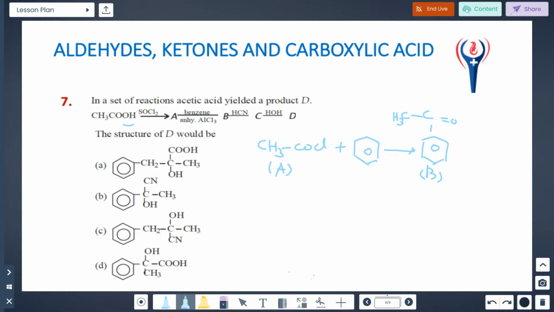Then again it reacts with HCN. For convenience, we can write H plus and CN minus. The C=O goes to O, this will join OH, then CN comes on this side.